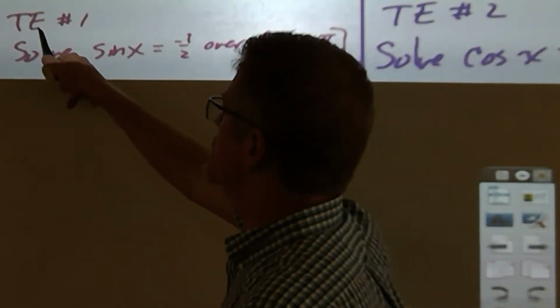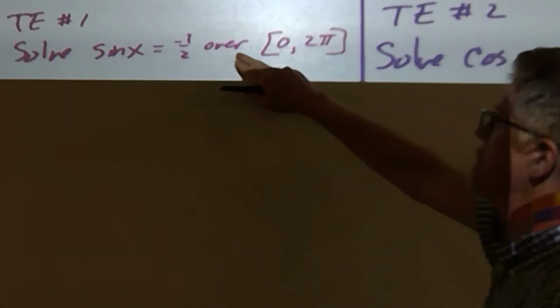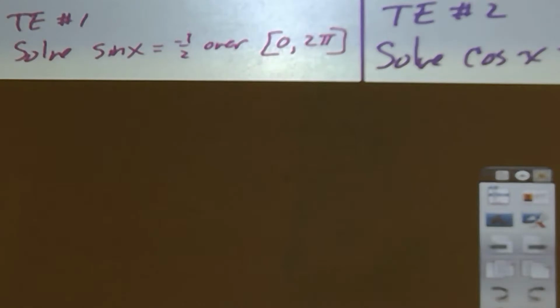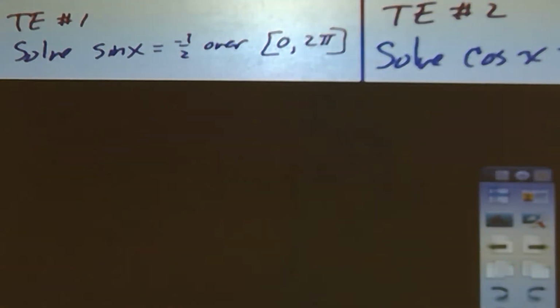Just so you know, this is teacher example number 1. So sine x equals -1/2 over the restricted interval 0 to 2 pi, which means you won't have to do for all k elements of the set of integers. And the other one that I'd like to do is cosine x equals radical 2 over 2. Those are 2 that I'd like you to add to the homework.